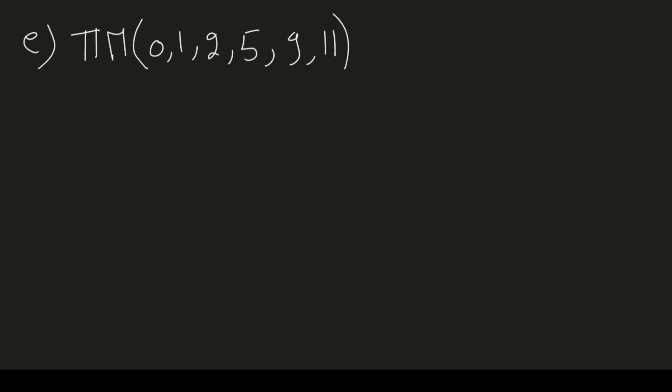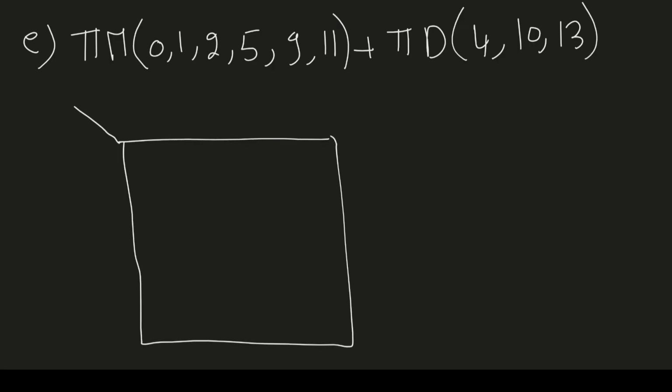Let's call it E, and we have the product of M of 0, 1, 2, 5, 9, and 11 plus product of don't care 4, 10, and 13. Also, we need 4 variables K-map, 4 columns, and 4 rows.